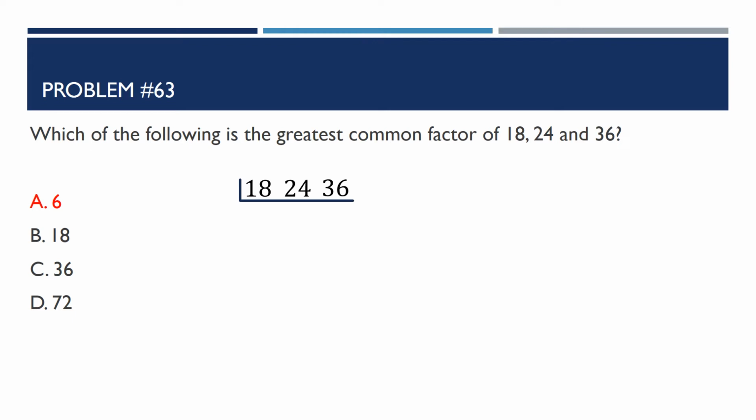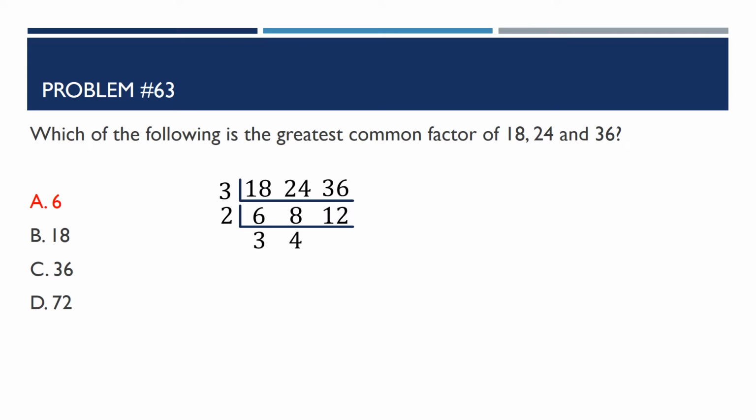So all of these three are divisible by 3. Then we use 3. Divide 18 by 3, it's 6. 24 divided by 3 is 8. 36 divided by 3 is 12. Then let's continue. All these three are divisible by 2. So let's put 2. 6 divided by 2 is 3. 8 divided by 2 is 4.